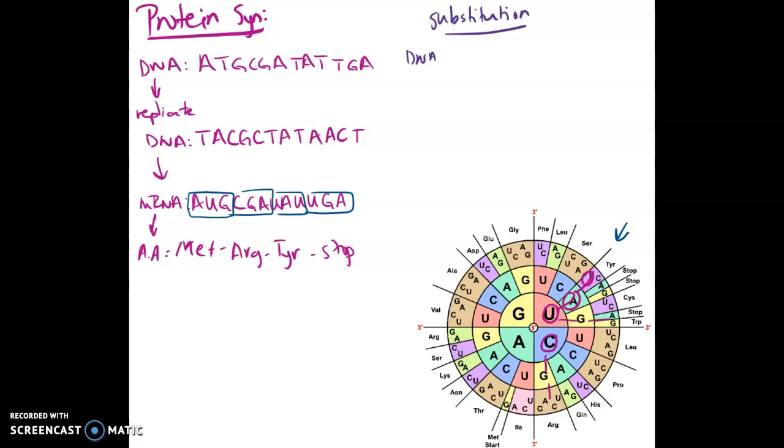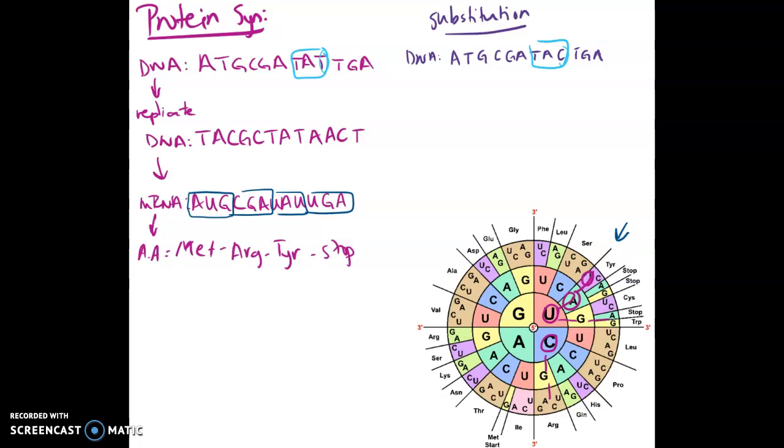So let's say that our DNA strand is going to be ATG, then it's going to be CGA, then it's going to be TAC, TGA. So you can see where our TAT is going to be TAC now. Okay, so that's where this particular T was substituted with a C.